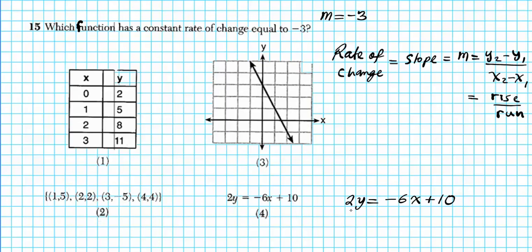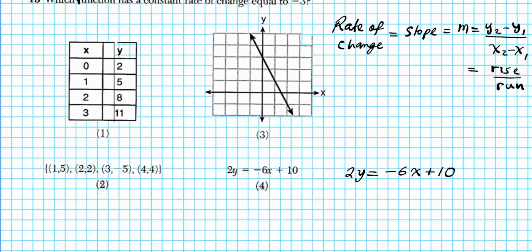It's easy because if I can get y by itself, the coefficient of x will be our slope. Okay, so to do that, in just one step, we divide everything by 2. And that yields y equals negative 3x plus 5.